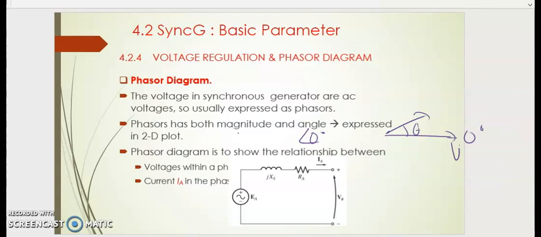The incoming current and so on will be referenced to the voltage. Voltage in a phasor, current in a phasor. So V now refers to V phase or V out, and the current that is delivered to the load.